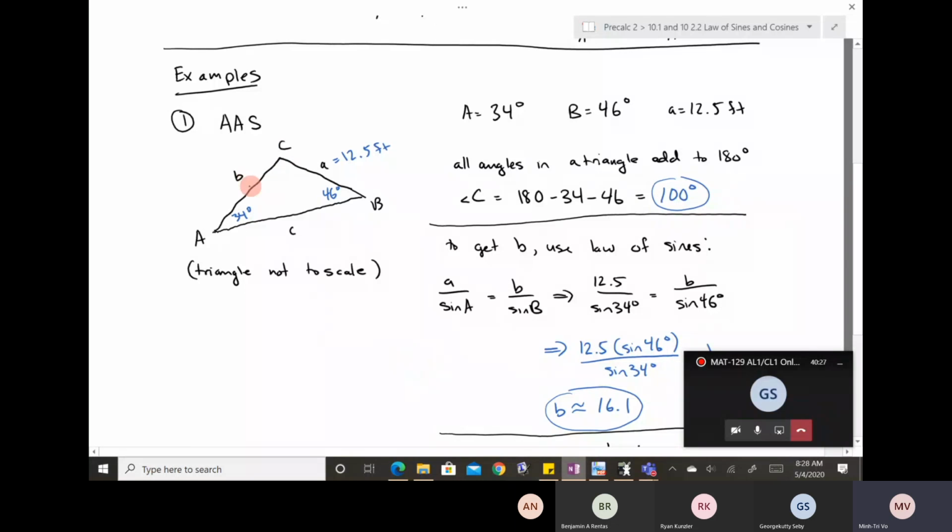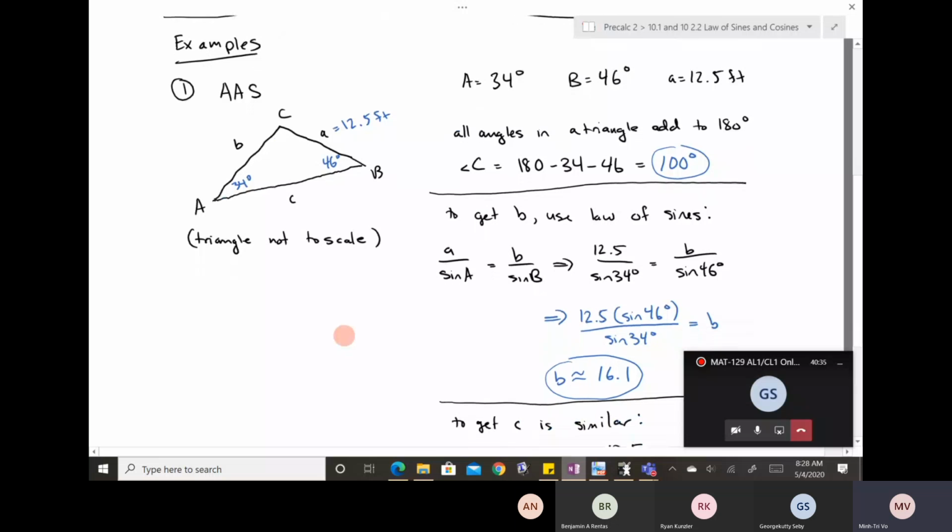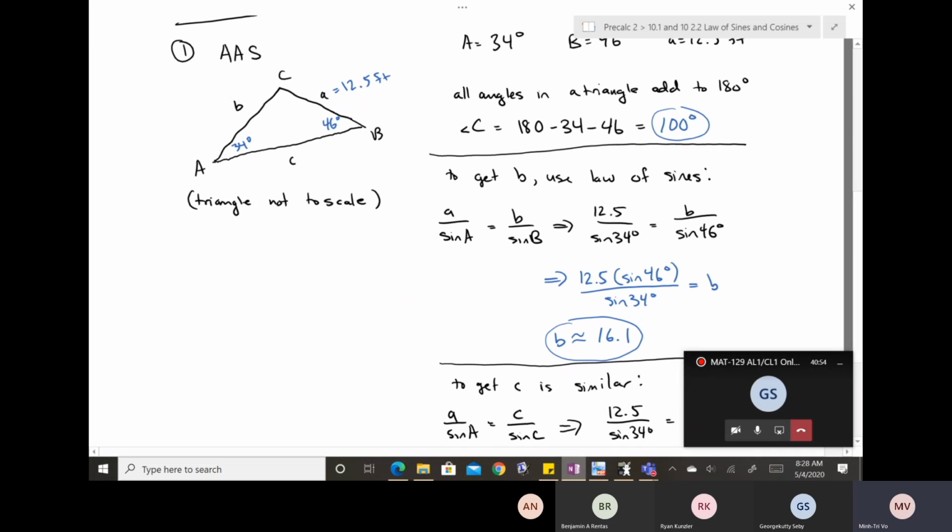Now for sides B and C, this is where we use the law of sines. Because side A and angle A are the ones where we have complete information, when we calculate B and C, we want to relate it to side A and angle A. Here I've used the law of sines involving A and B. This is the formula for A and B, and then I just plug the information in.